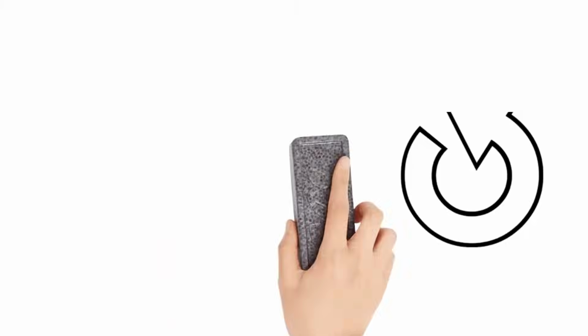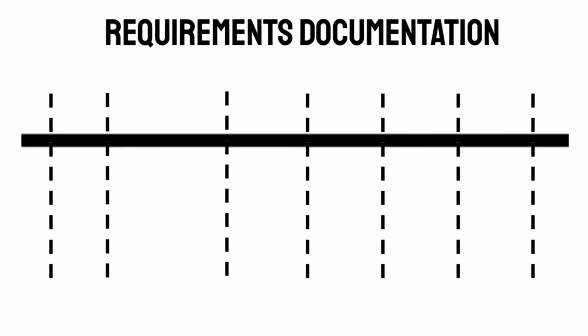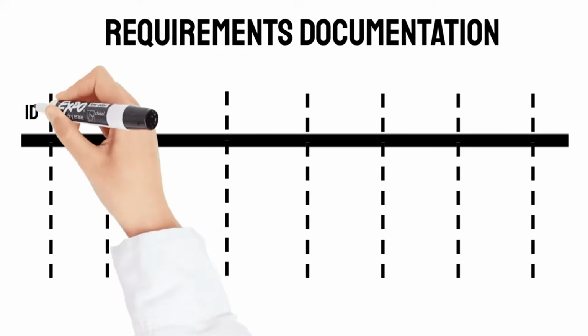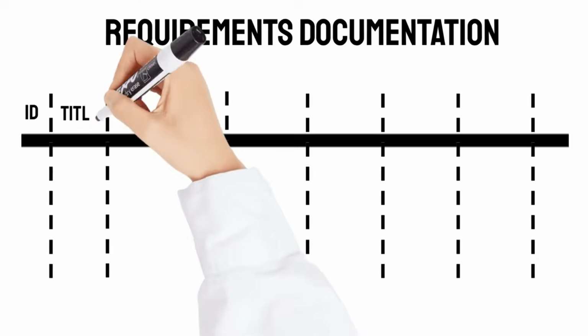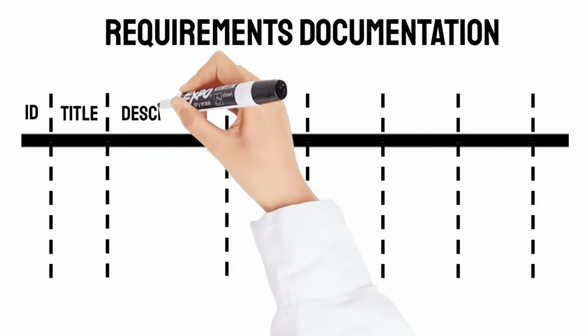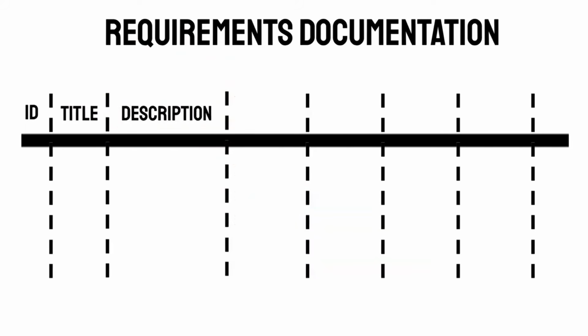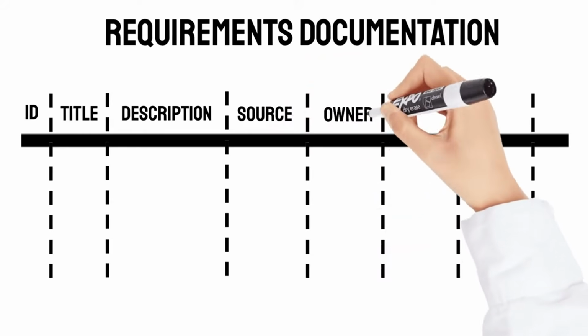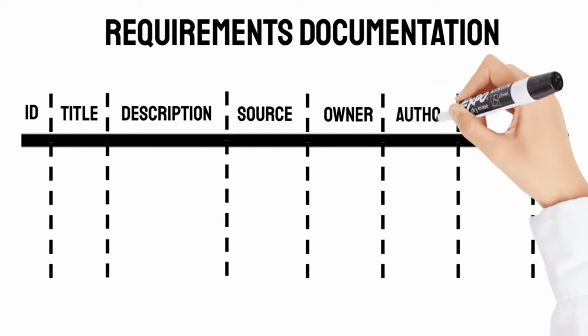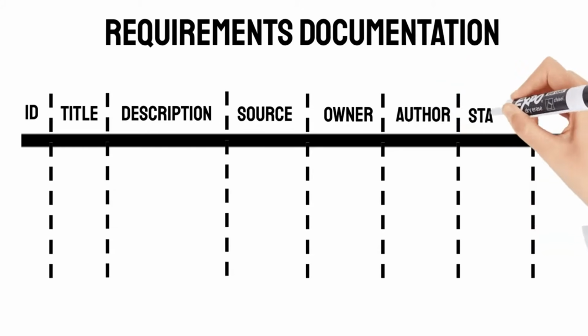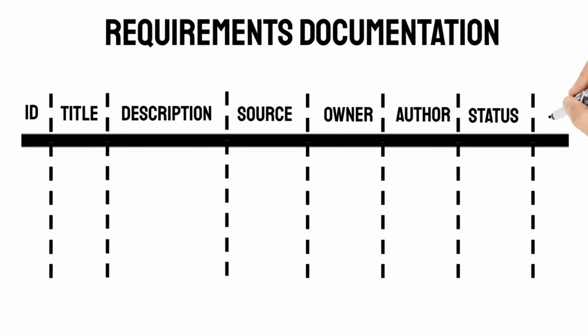So now you can see a certain list or table of which attributes a requirement should have in order to document it. So for example, every requirement needs an identifier, an ID, so you know exactly which one you're talking about, a title, so you can name it, a description, really specifying the requirement, and also some other points like the author, the source, the owner, who's owning this requirement, who was the source, so you get more information probably about the requirement.